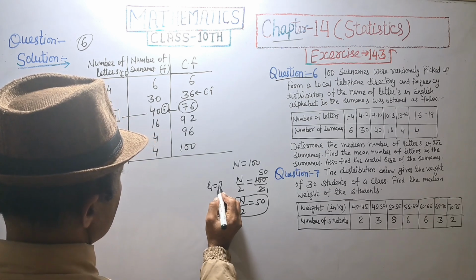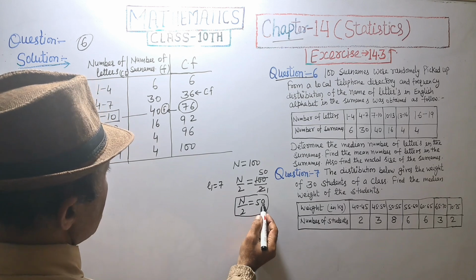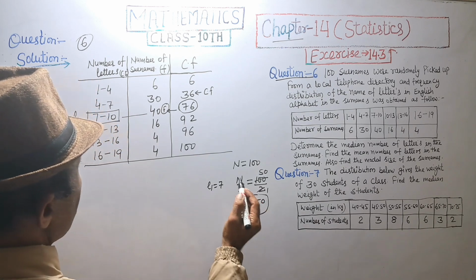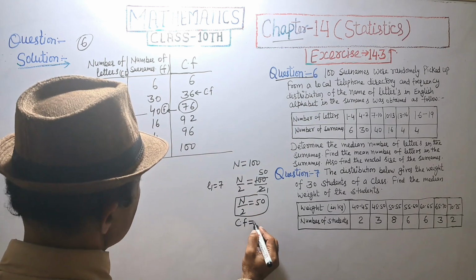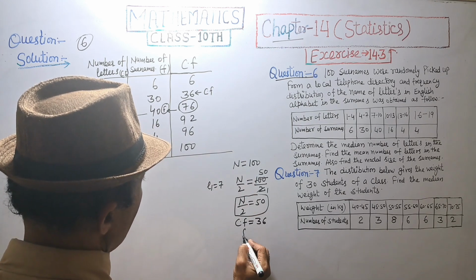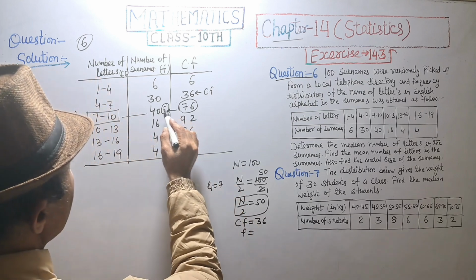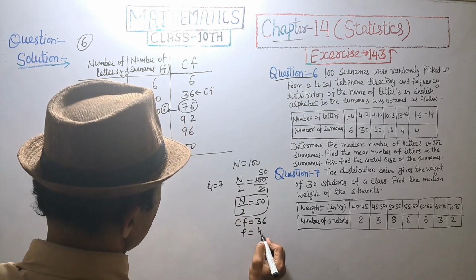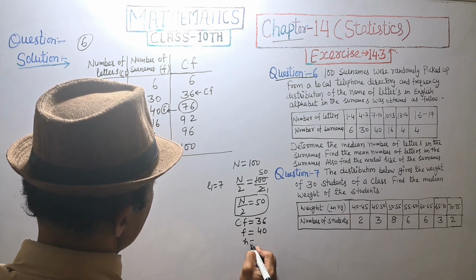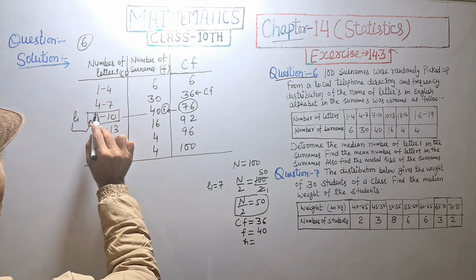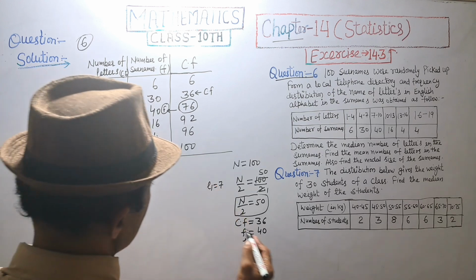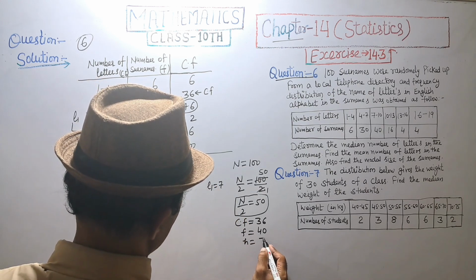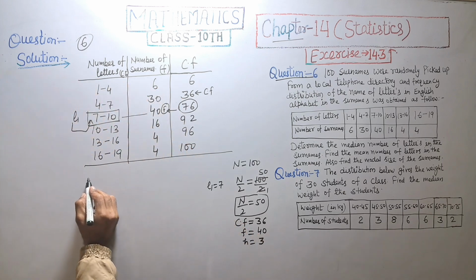So L1 is 7, N by 2 is 50, CF is 36, F is 40, and H is the difference between class intervals, that is 4 minus 1, 3.